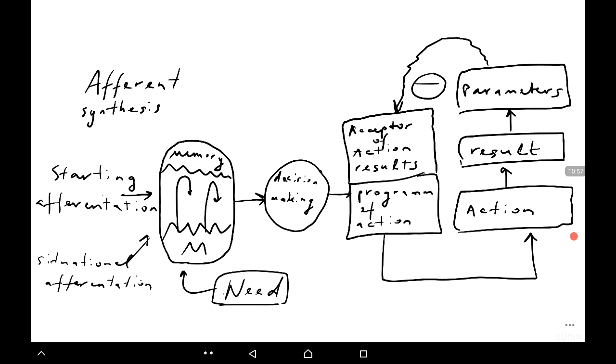So negative emotion is important because it is giving the signal to correct the afferent synthesis, to save this fact in memory, and to change the decision making.